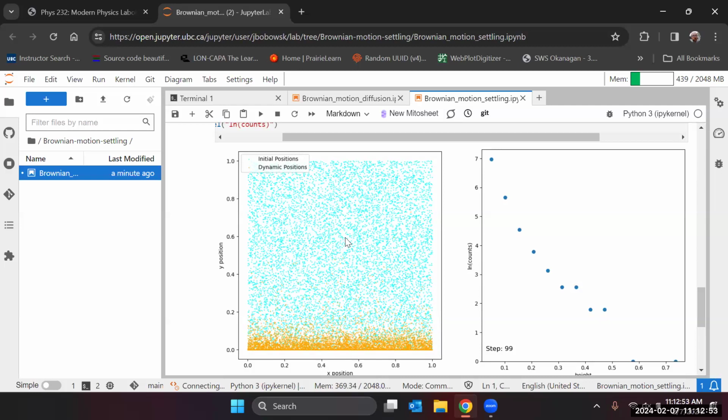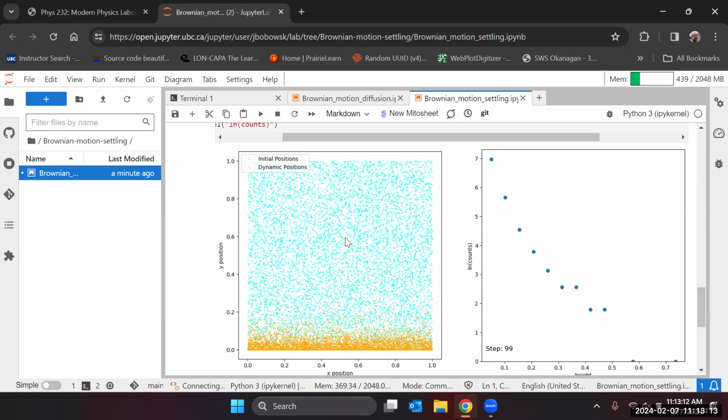The orange ones show how the particles evolve with time. At the end of the simulation, a lot of them have settled down to the bottom. The way this one works is if a particle reaches the bottom, we just keep it there, so we won't let it go past the bottom.